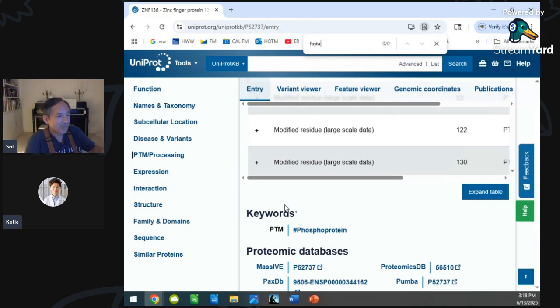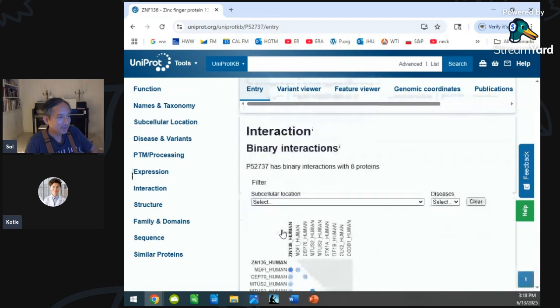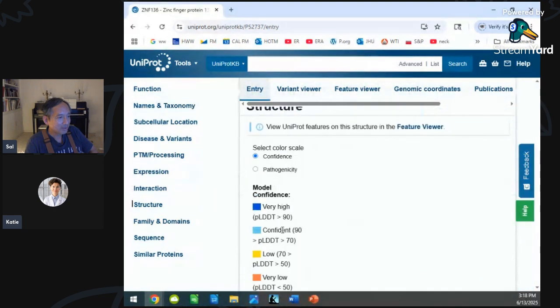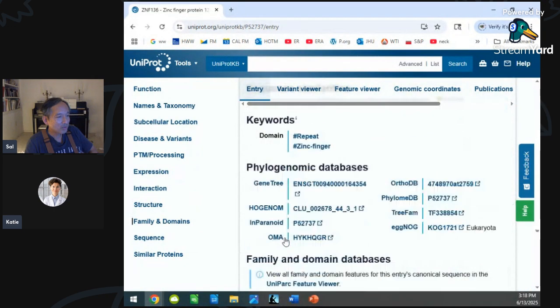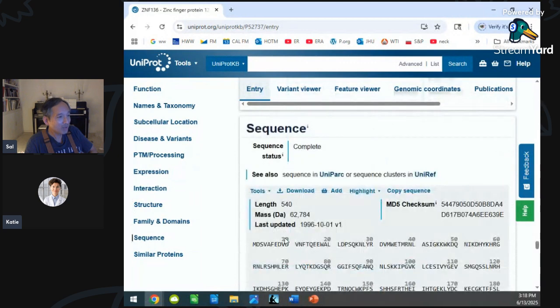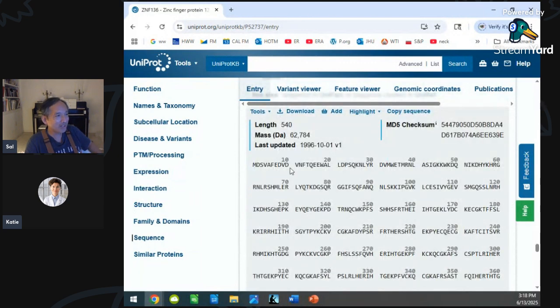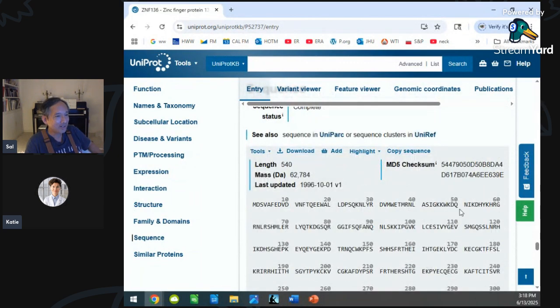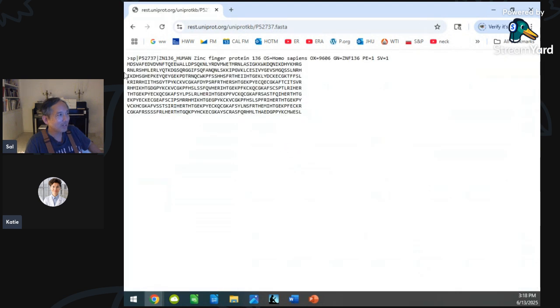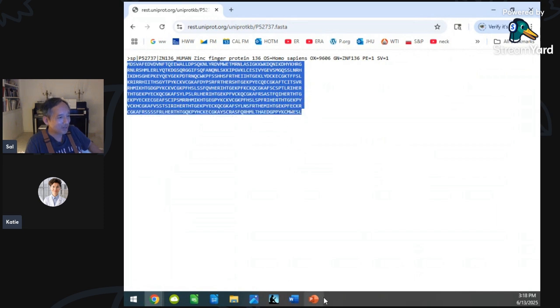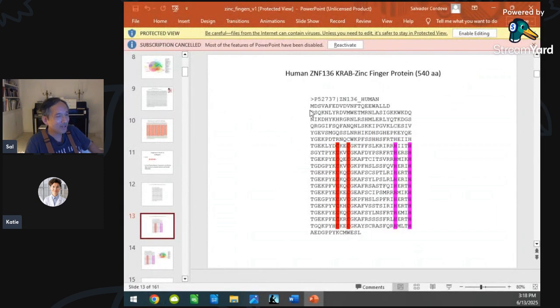So I'll just search on FASTA, which I couldn't find. Structure. So we're going to start going through this. Oh, see, you get the spelling here. Oh, yeah. Here in terms of amino acids, and we can download this. And there's the FASTA file right there. And you can see that I reformatted it to look like that. So MDSVAF.